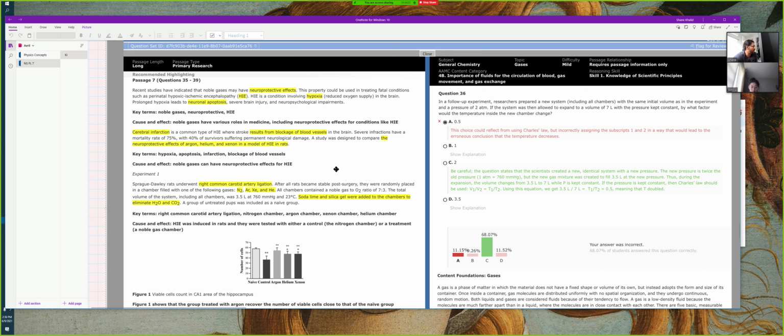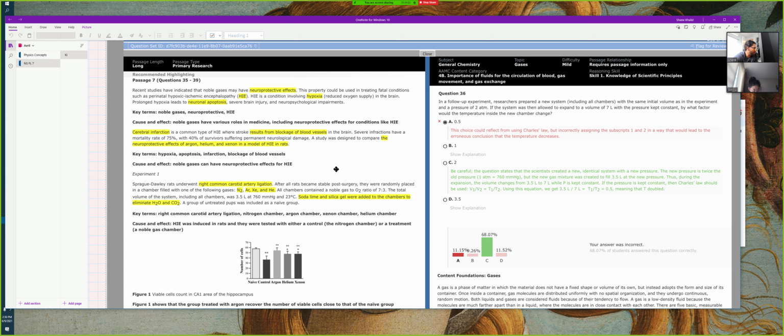So let's see. Argon, helium, and xenon are all noble gases. Okay, ligation. A chamber with the following gases: a noble gas to oxygen ratio of 7 to 3.